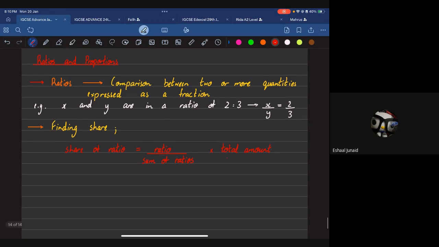So total amount being shared. Any issues with this, guys? Anything that you don't get? Let me know. This is a very straightforward, very simple formula. Whenever you want to find the share of anything, and the ratios are given, and you want to find the actual monetary value of the shares, monetary as in whatever quantity is being shared, you will utilize this formula.